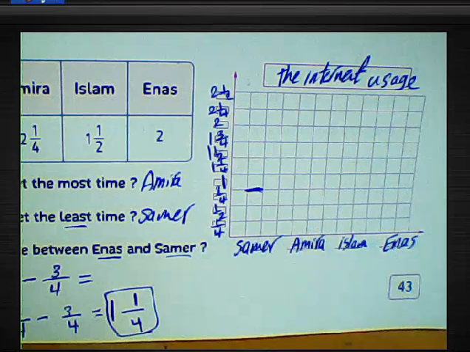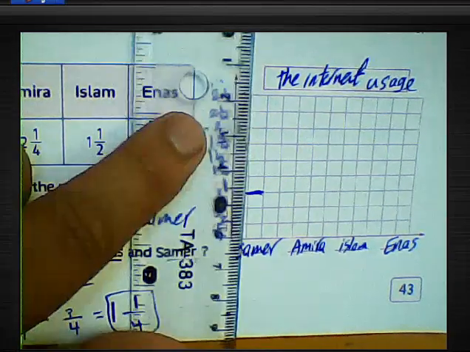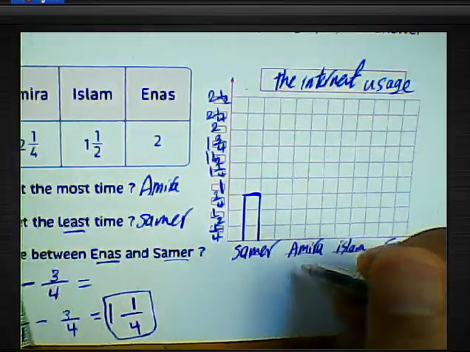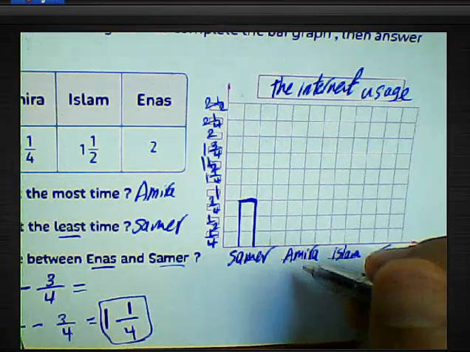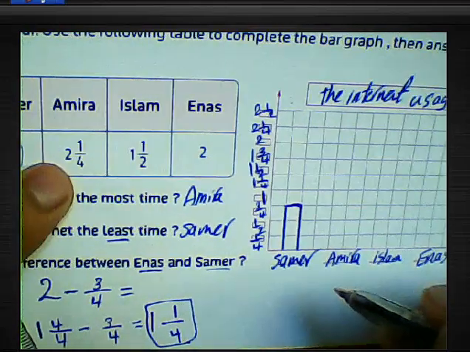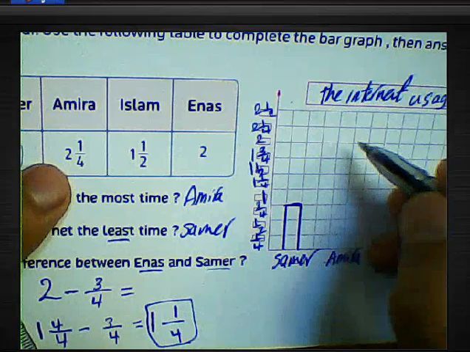We can draw using a ruler. And Amira, where Amira here, 2 and a fourth.